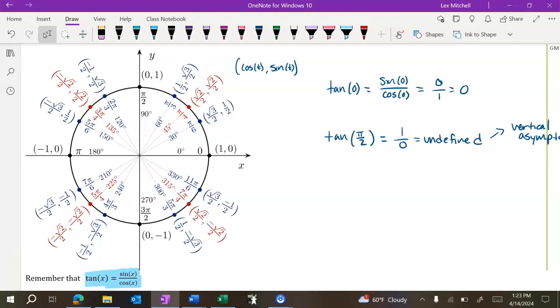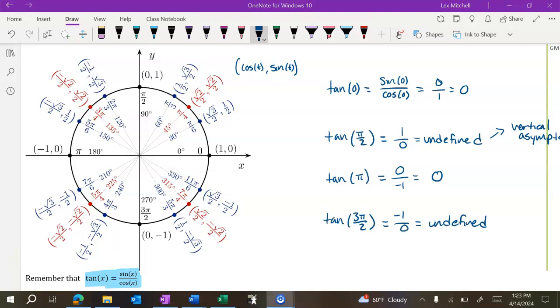So I'm going to keep going. I'm going to look at tangent of pi, and then tangent of 3 pi over 2. I get that that's going to be undefined. And then when I go back to tangent of 2 pi, that'll be the same as tangent of 0, which will bring me back to 0.